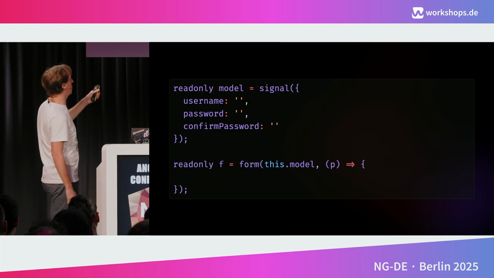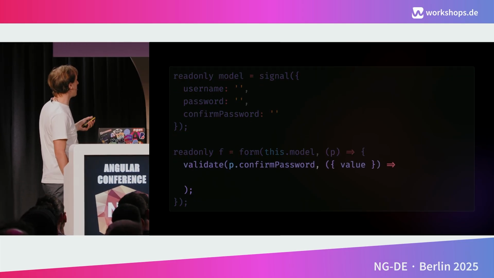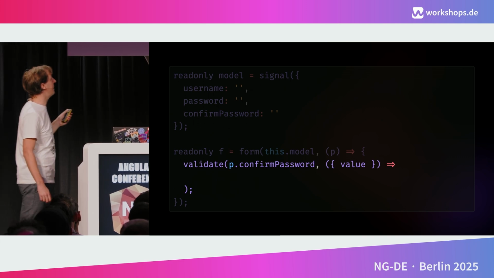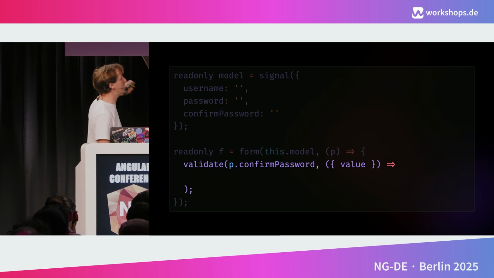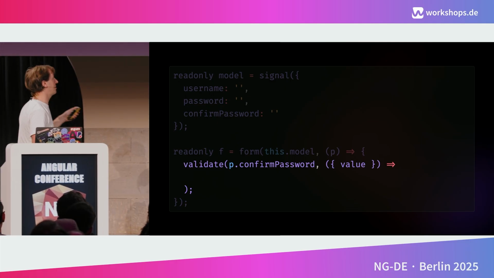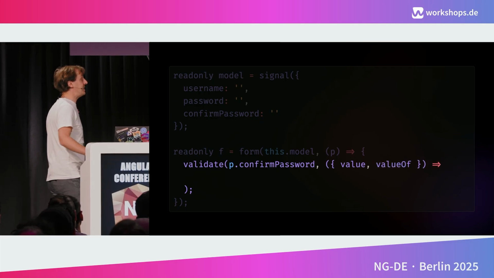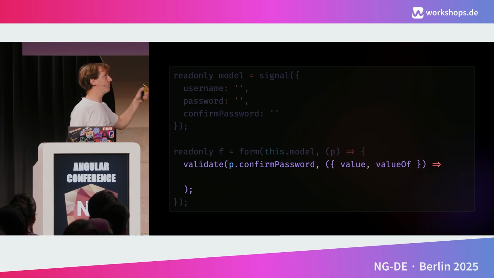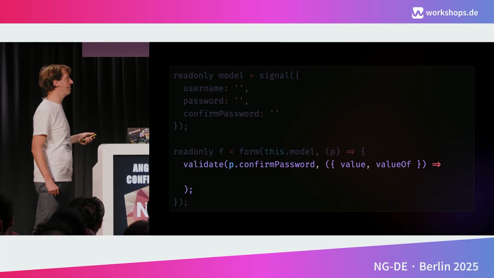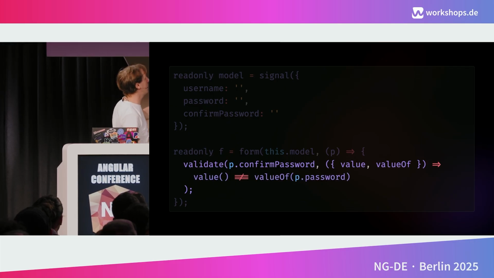So we create our form from our model, like I said, model-driven. And you'll use the function validate to say, OK, I want to validate that my confirmed password matches the value of something else. So you access the value of the confirmed password. And also, you want to access the other value of the password field. And for this, you'll use valueOf. valueOf will allow you to access the value of another field of the form.